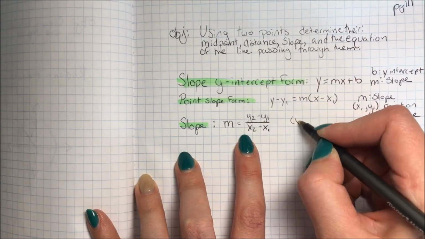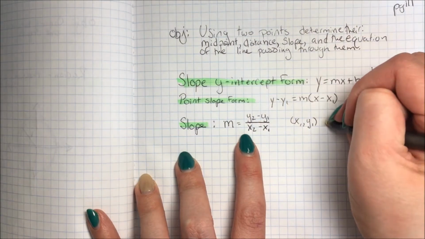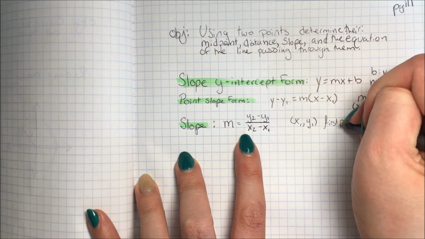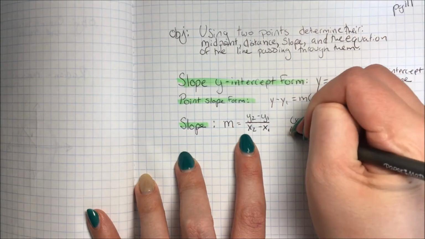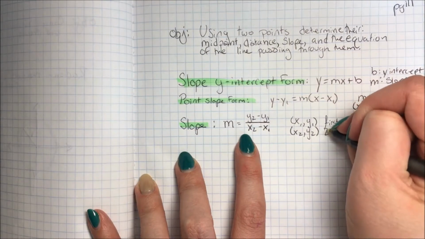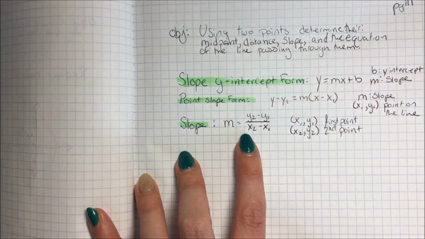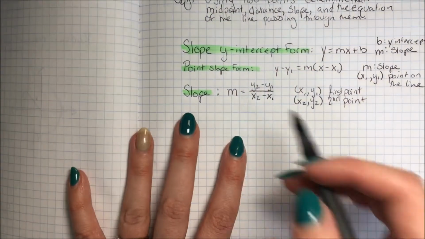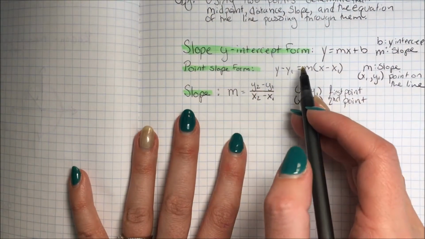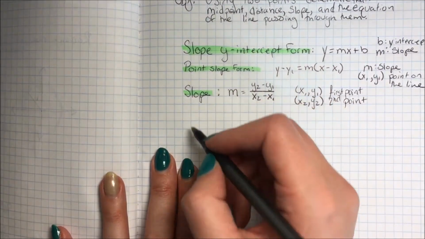Where x1 comma y1 is the first point, and x2 comma y2 is the second point. So if I were given 2 points and I wanted to find the equation between those 2 points, this is what I would do.